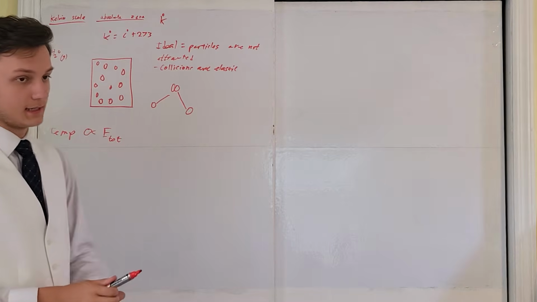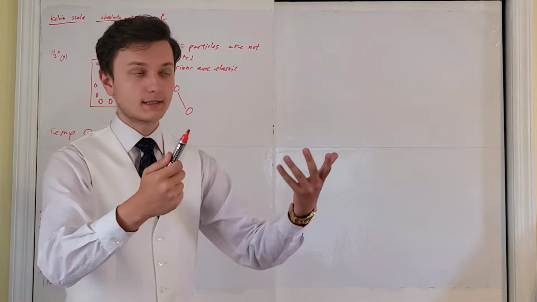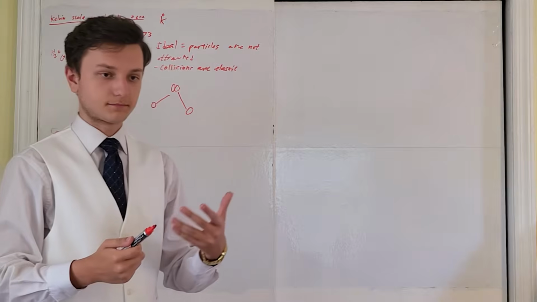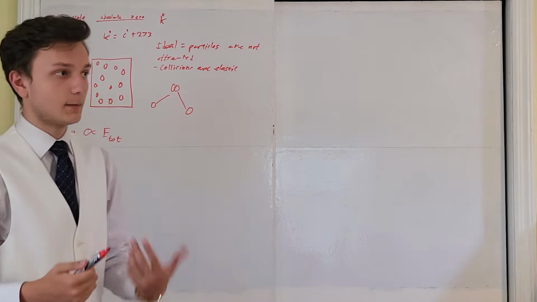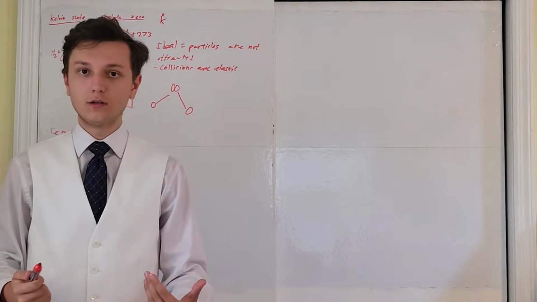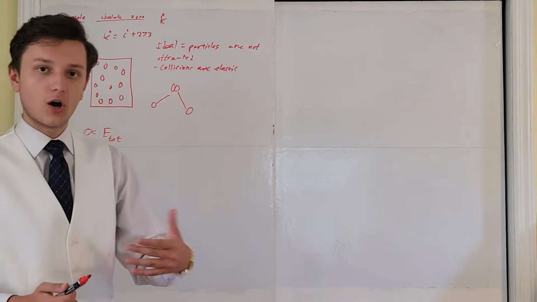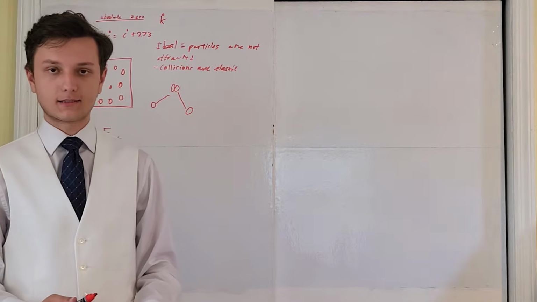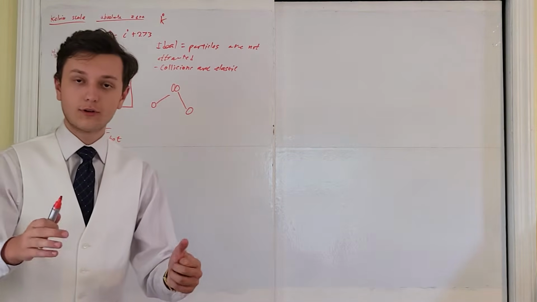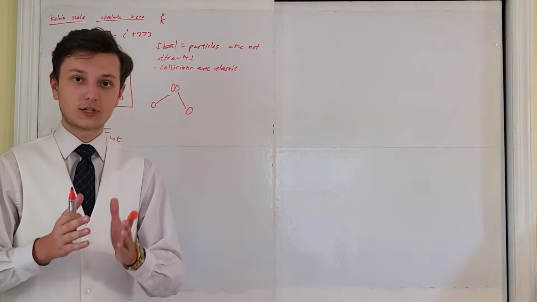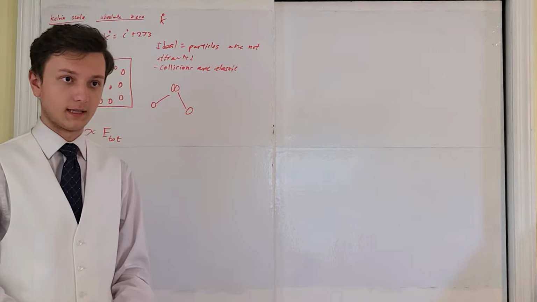So as the temperature of something rises, so does its energy. The temperature of a gas, by definition, is the average kinetic energy of the particles in that gas. Let me say that again. The temperature of a gas is the average kinetic energy of the particles in the gas.